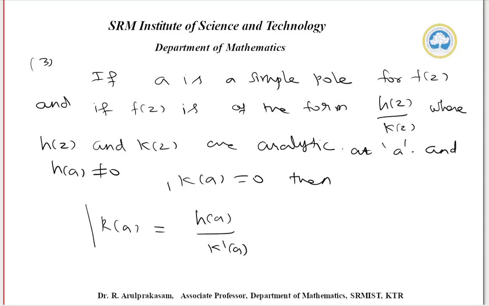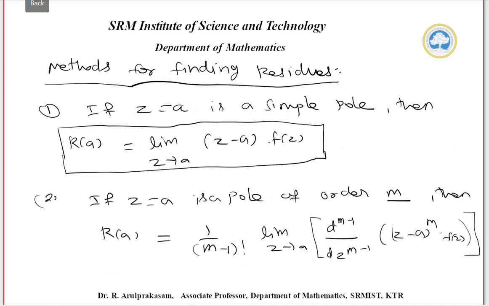That is the method for finding residue. So now I have three methods for finding residue. One is when a simple pole is given. The residue formula for a simple pole is the limit as z tends to a of (z minus a) into f of z.